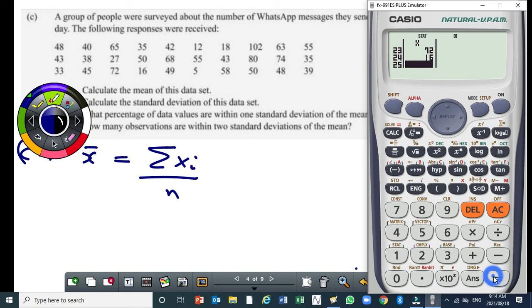Generally, in a test, they won't give you so many values because it will take your time.